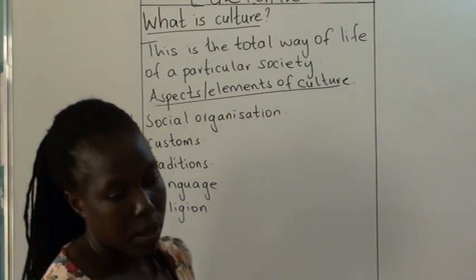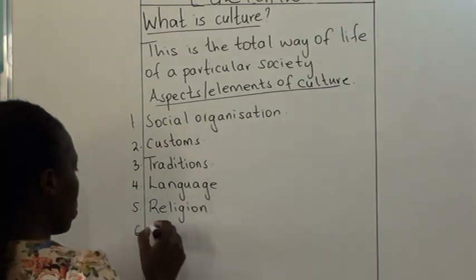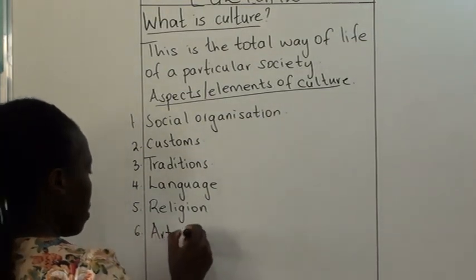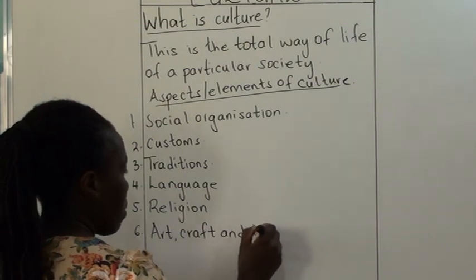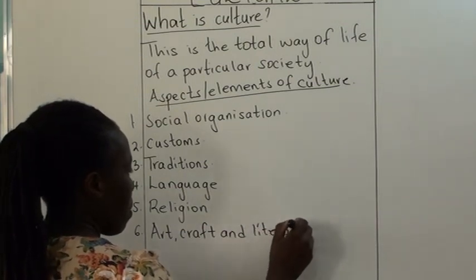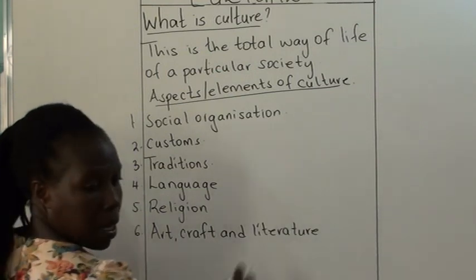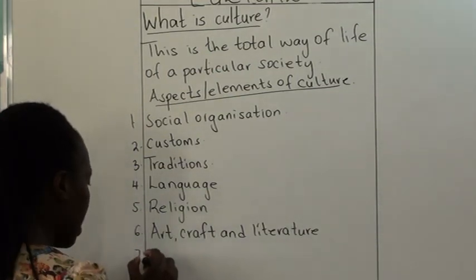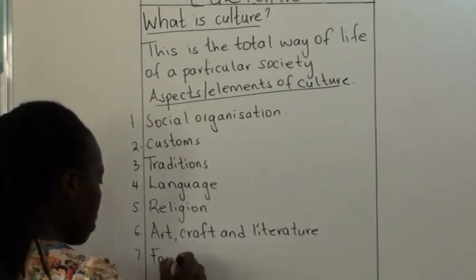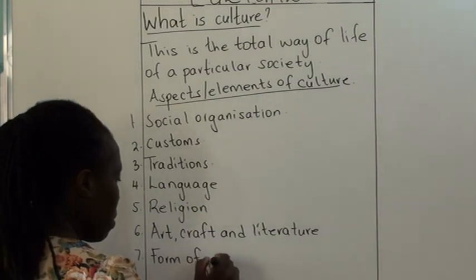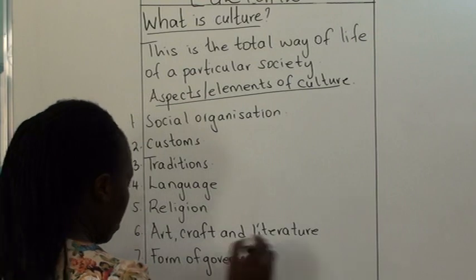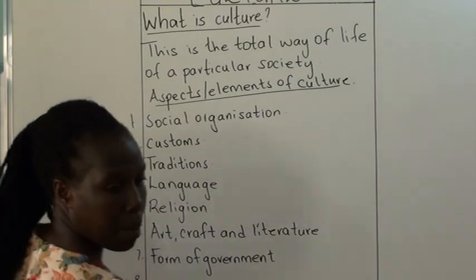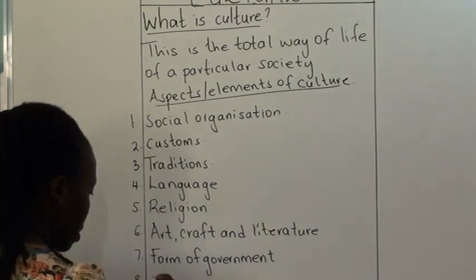Number six, we have art, math, and literature. Number seven, we have form of government. Number eight, we have economic system.